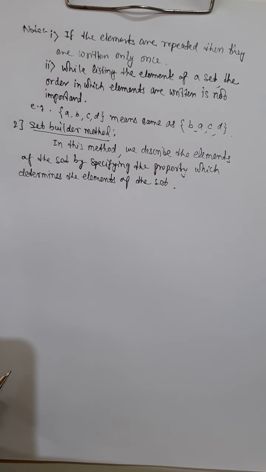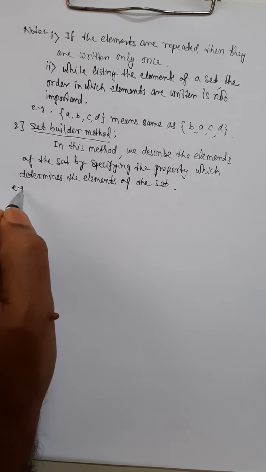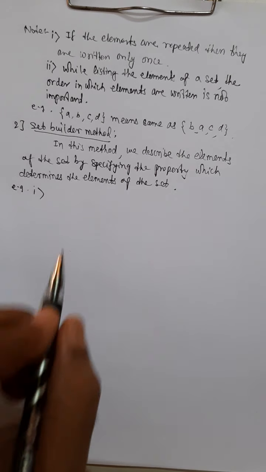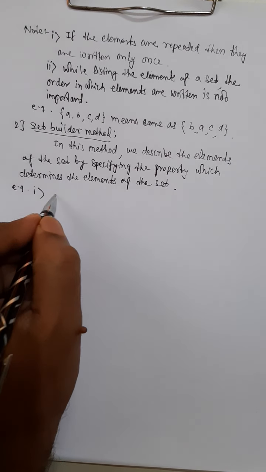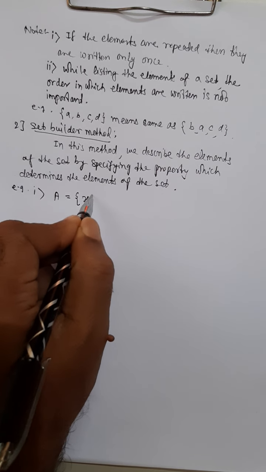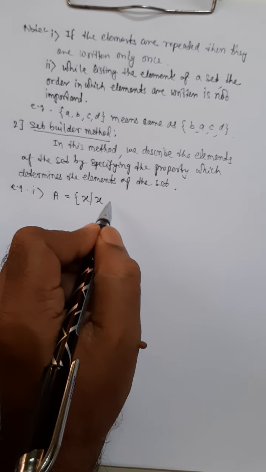So what is the set builder method? In this method, elements can be written by using a specific property. For example, let A equal to {x | x is a month of a year}.